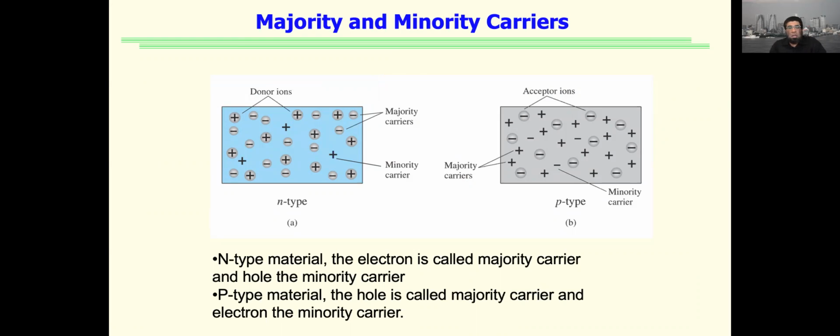In those cases, we call holes minority carriers. But if you talk about p-type material, and if you say majority carrier is doing this, we basically mean holes. In that case, electrons are minority carriers.